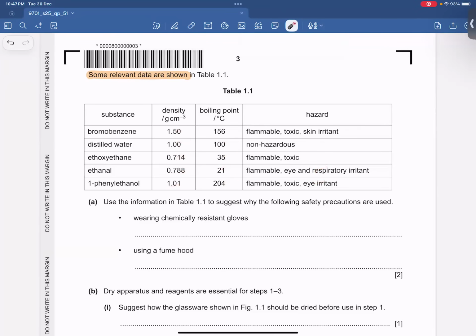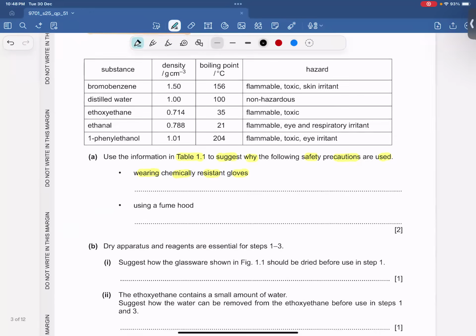So use the information in table 1.1 to suggest why the following safety precautions are used. Wearing chemically resistant gloves because bromobenzene is a skin irritant, which is why we need to wear chemical resistant gloves, also called nitrile gloves.